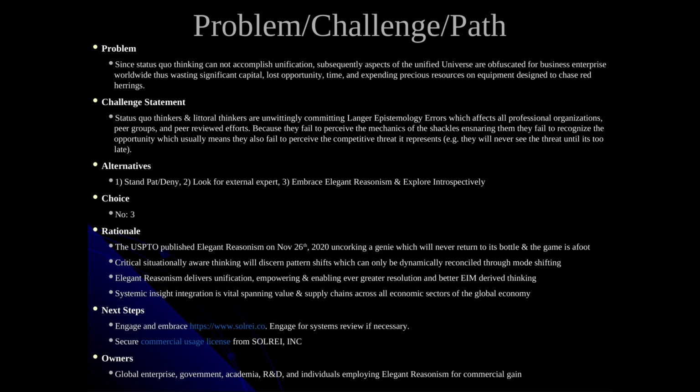What happened when the USPTO published Elegant Reasonism on the 26th of November in 2020 is that they basically pulled the trigger on the starting gun, and everybody now wants to be able to mode shift what it is they think they know in their area of specialty over into alignment with the unified universe, and everybody's trying to figure out how to go do that, and they're trying to figure out, if you're in a business, what am I exposed to, what are the exposures, who's doing that, and what the issues are, etc.